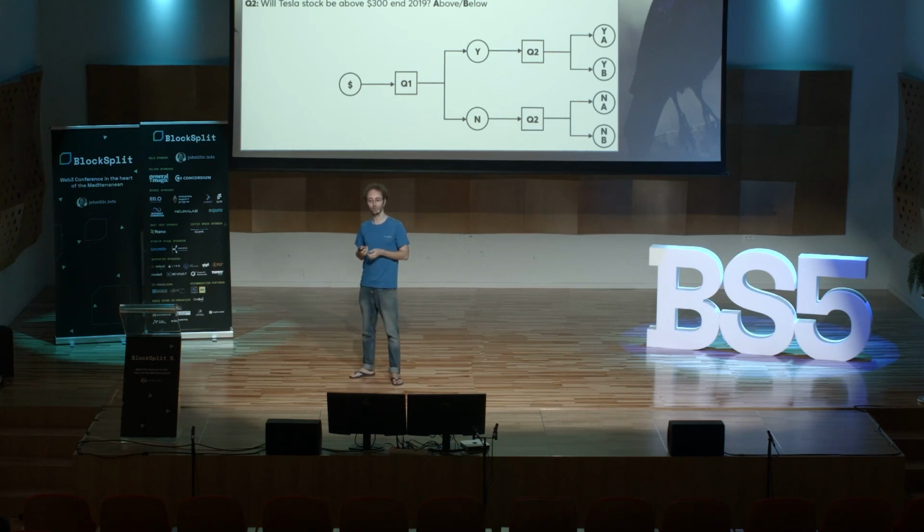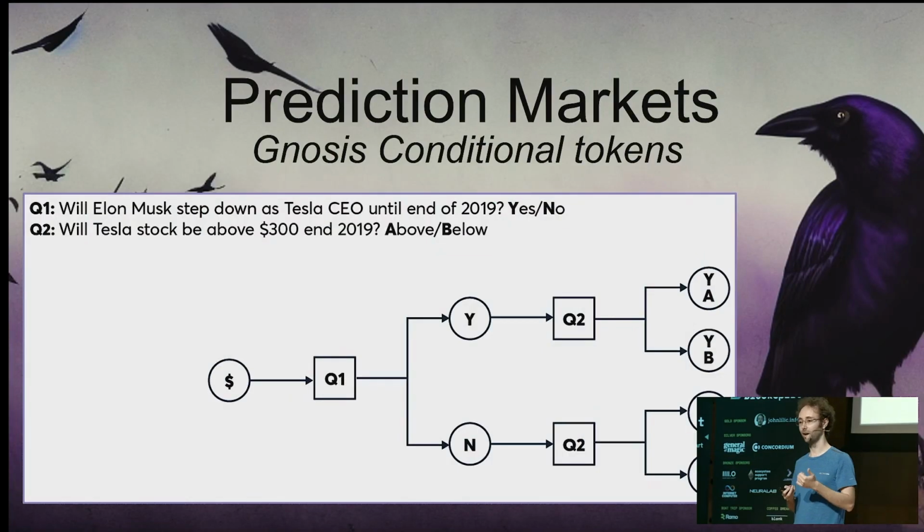So we can look at the price of the yes-and-above token with respect to the yes token. And if this token is worth, let's say, 0.4 yes token, that will mean that if Elon Musk steps down, there is a 40% chance of the Tesla stock price being above 300.